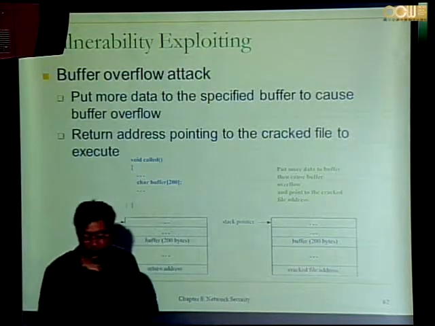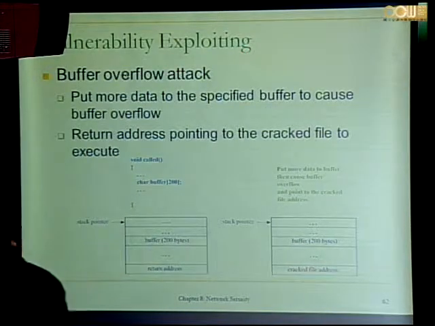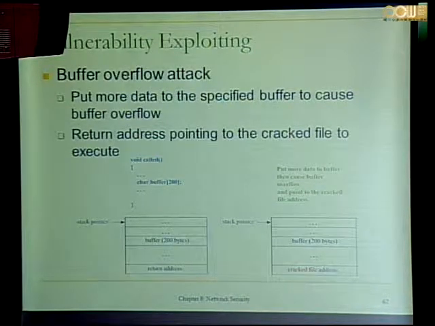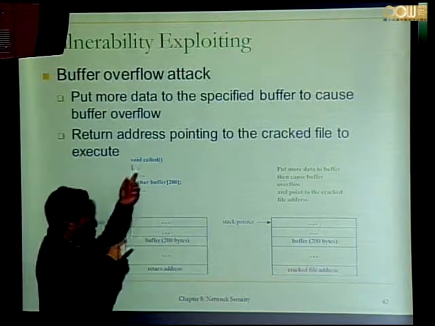Okay, and suppose as this is a server, the parameter is some string that is input from the client program. So the client will issue a string, which is a protocol message string, to the server program, and the server program will pass it to this function call as a parameter.